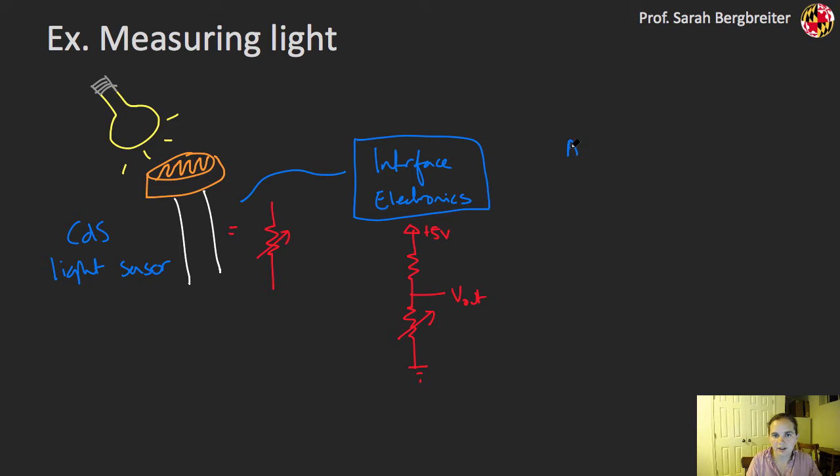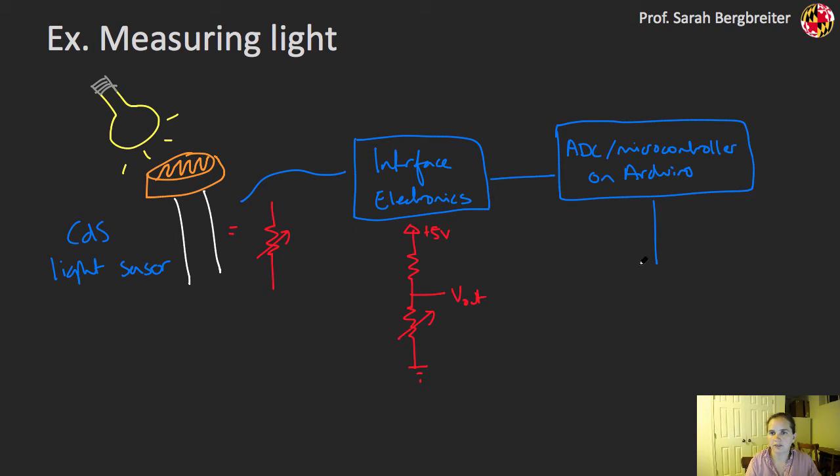And then finally, I could have this going to the ADC and microcontroller on the Arduino, and if I really wanted to get fancy, I could have a serial signal going from my Arduino to something like Processing and display something like 2 lux to give me the light intensity that I'm actually reading from that sensor. So that's a really simple kind of pathway that I might design in order to read a light intensity in the environment.